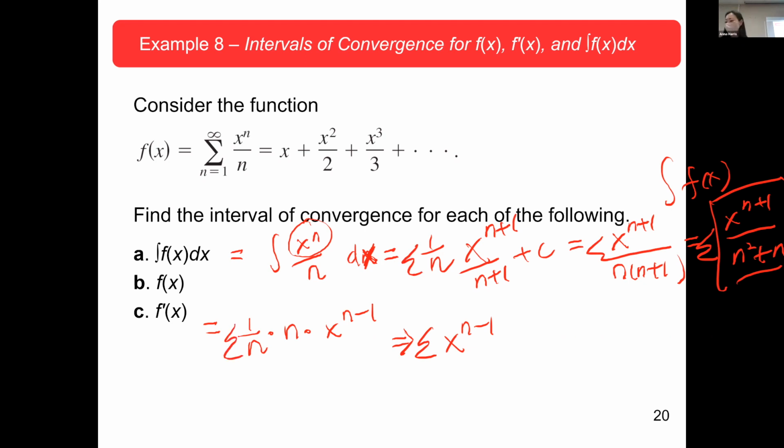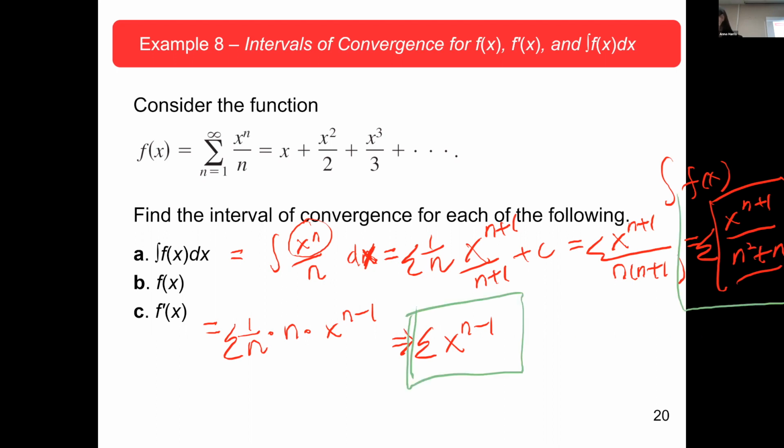Which one is easiest to use? Because remember, Theorem 9.21 says I can use either the function, antiderivative, or derivative, whichever one is easy for me to work with, I can choose that to find my convergence. So what do you think is the easiest one to use? Derivative, definitely. Why?